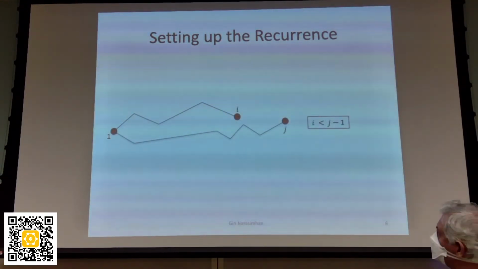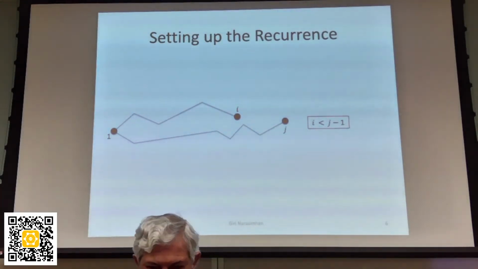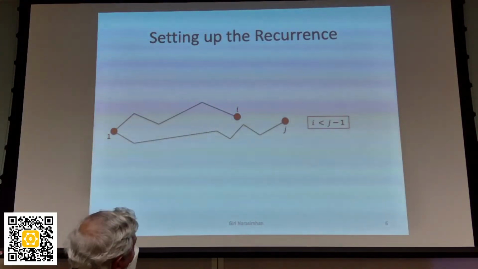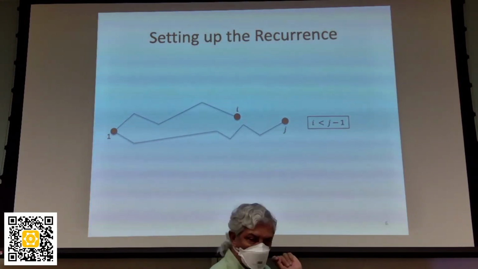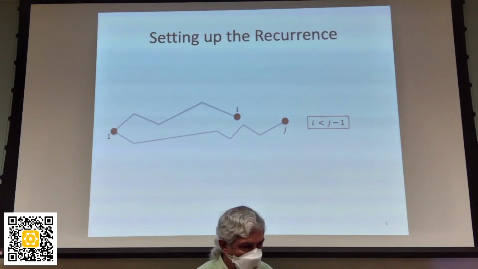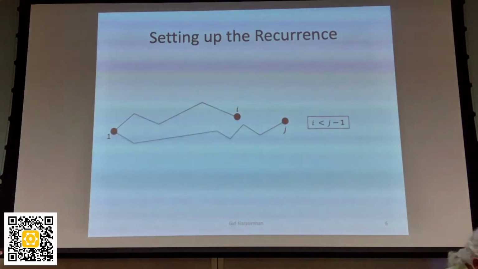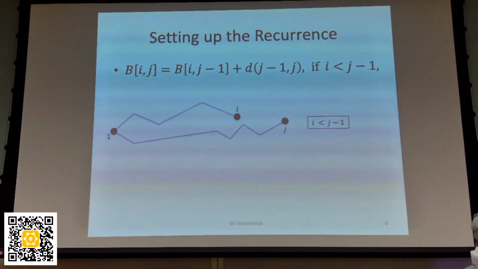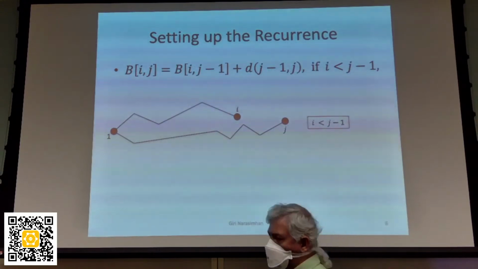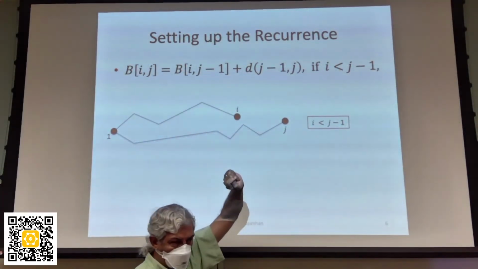So the first case is when i is less than j minus 1. So there are a bunch of points between i and j that are only on the lower path. Okay? If they are only on the lower path, then it becomes easy. Because now this B(i,j), we know that j minus 1 has to be on the lower path.